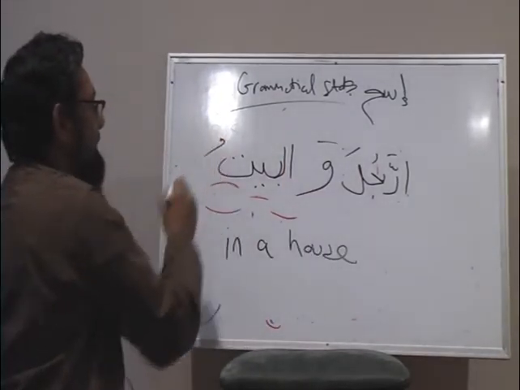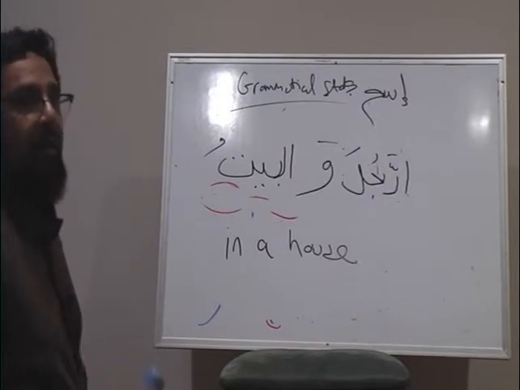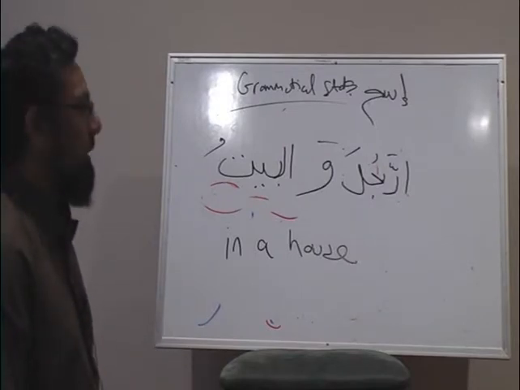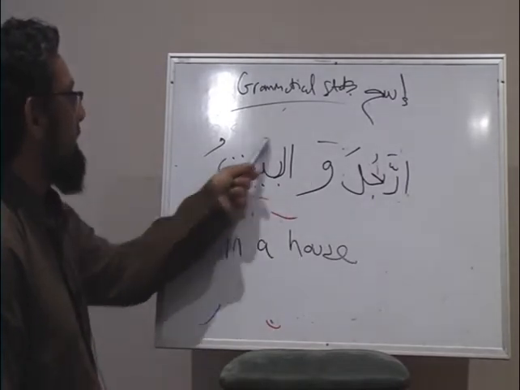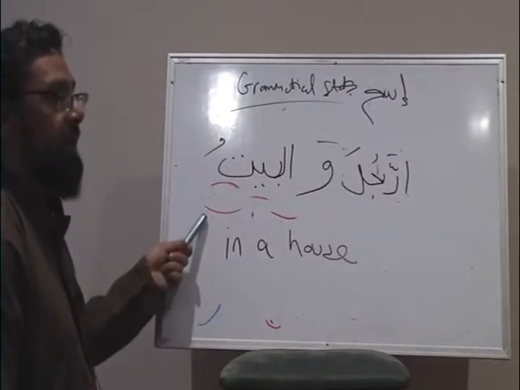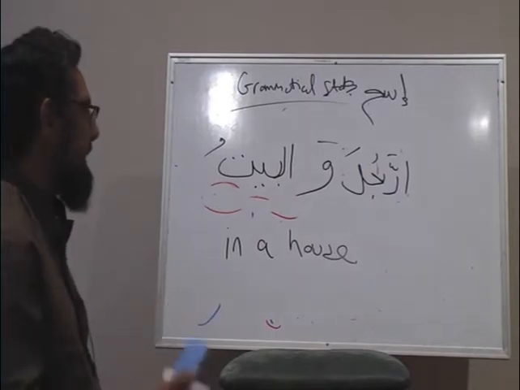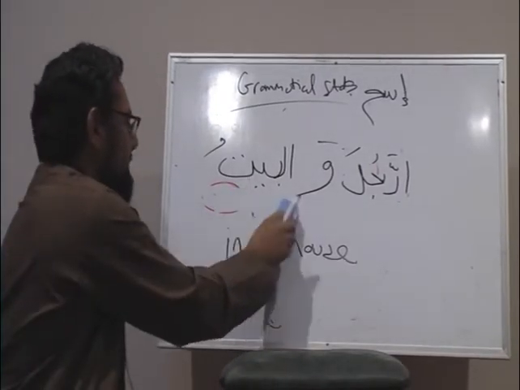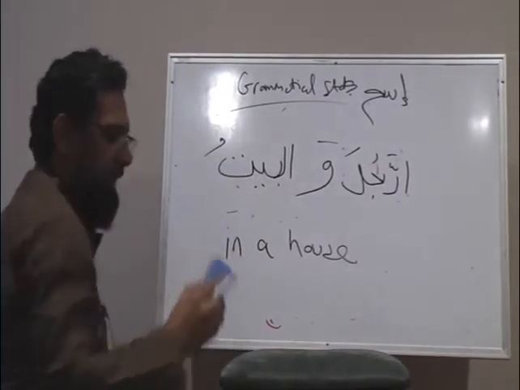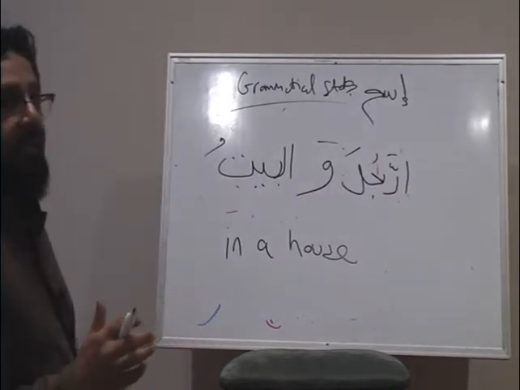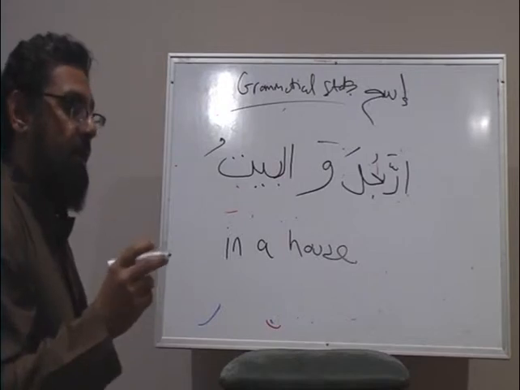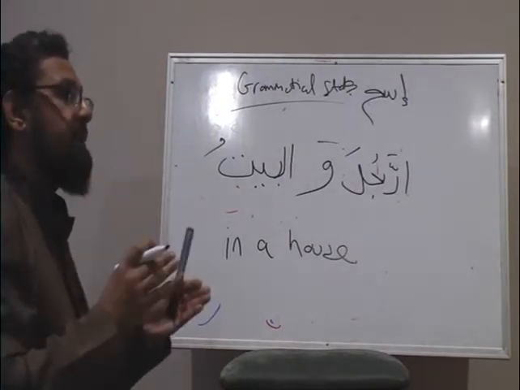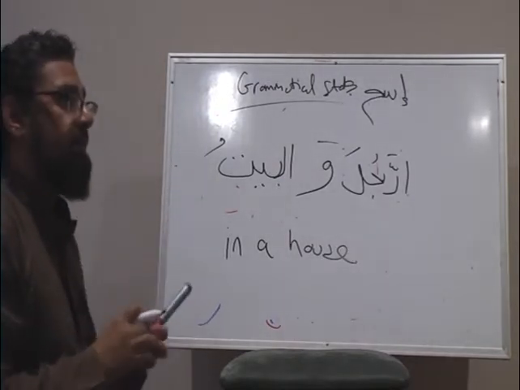So the grammatical state remains as rafa. It hasn't governed the noun, it hasn't converted it down. And what you need to understand, and we'll come on to that a little later, is that in nominal sentences, jumlat ismiya, the beginning of the sentence and the end of the sentence are always in rafa.